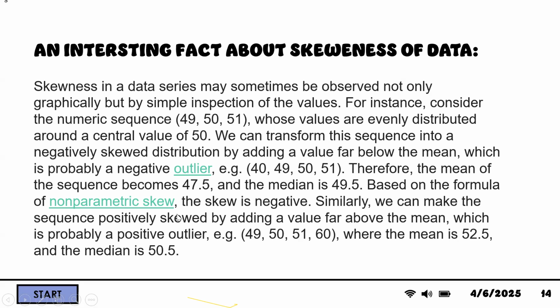Similarly, we can make the sequence positively skewed by adding a value far above the mean, which is probably a positive outlier, for example, 49, 50, 51, and 60, in which case 60 is the positive outlier, where the mean is 52.5, which is far above 50, and the median is 50.5, which is again above 50.